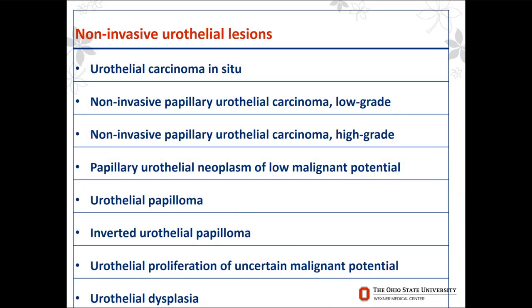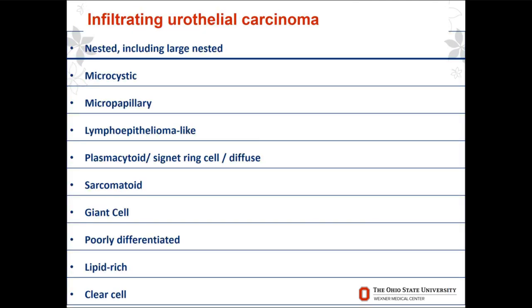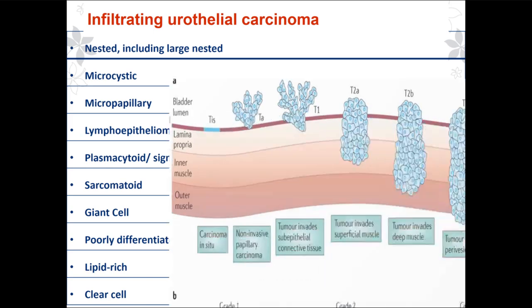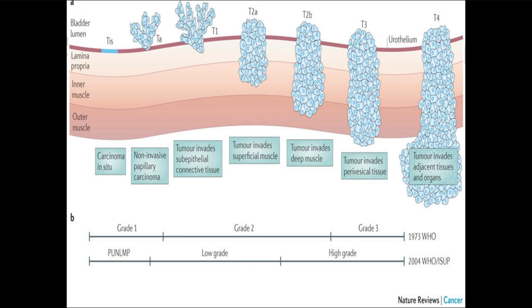So let's focus on the non-invasive urothelial carcinomas, including CIS, low-grade, high-grade, papillary urothelial neoplasm of low malignant potential, urothelial papillomas, and inverted papillomas. And the more common infiltrating ones, as I mentioned, are nested, microcystic, and micropapillary. If you look at the classification of these tumors and the T staging, it's easy to think about them as either in situ or invasive or papillary in terms of the grading.